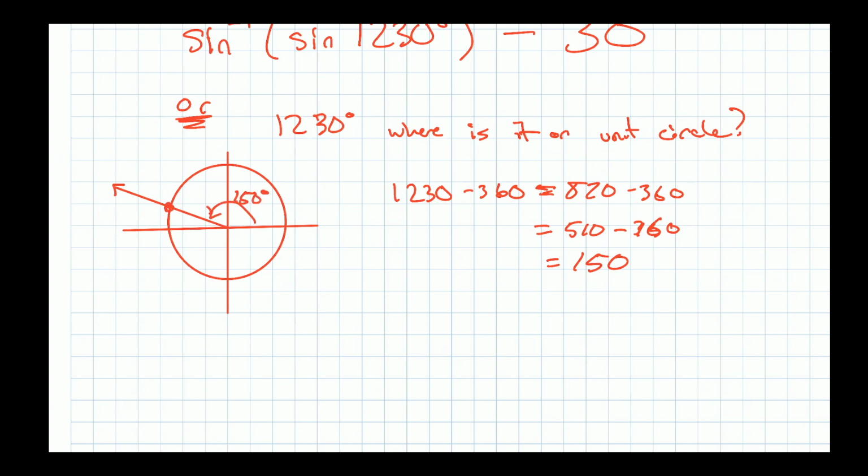And so I look at my unit circle, I get the coordinates, negative square root 3 over 2, comma 1/2, right? I'm assuming you have a unit circle to look at. Print one out if you don't have it. So then I can do this because I have sine inverse of sine 1230, and what's the sine of 1230? The sine of 1230 is going to be 1/2.